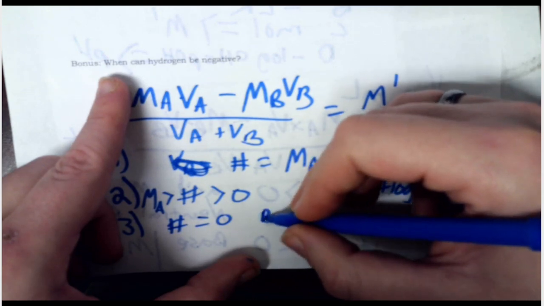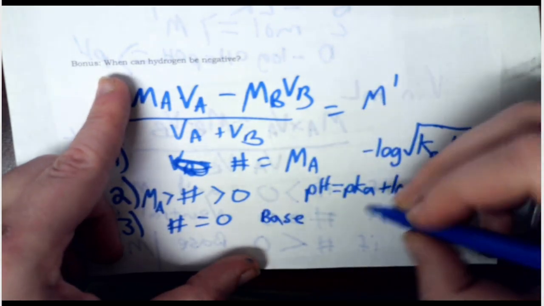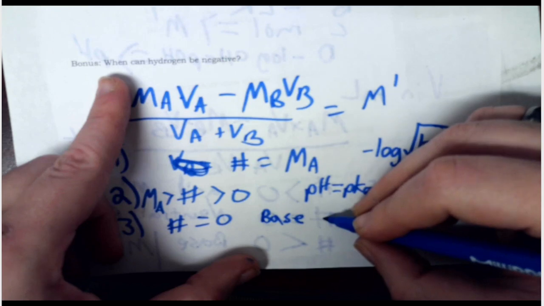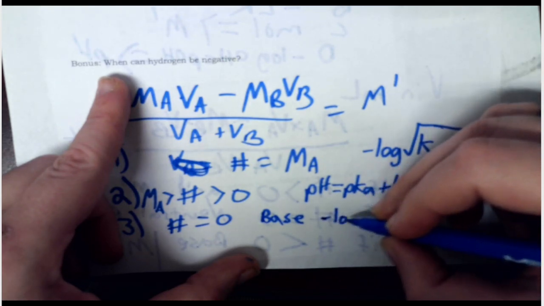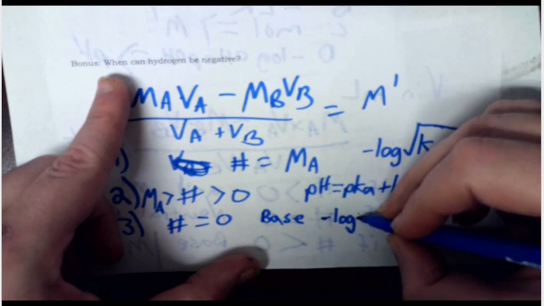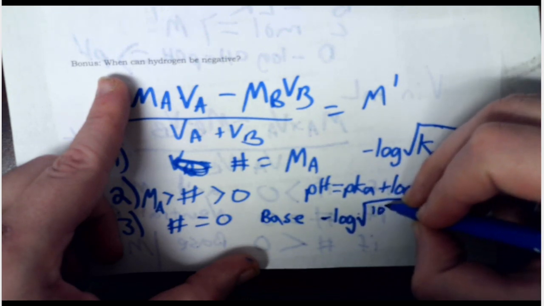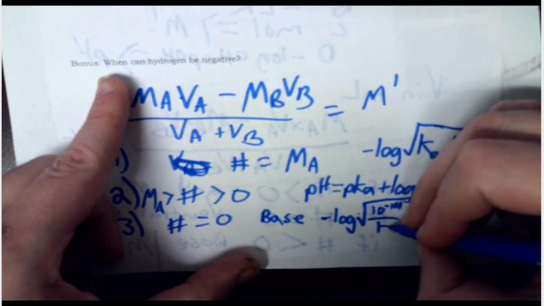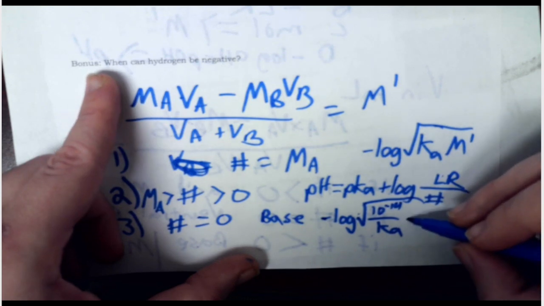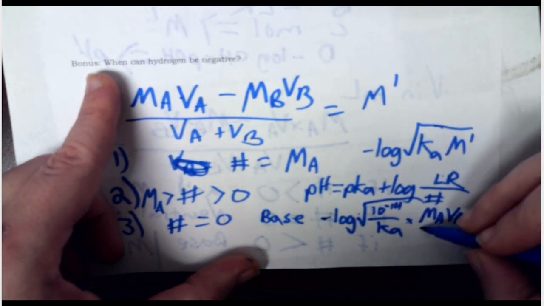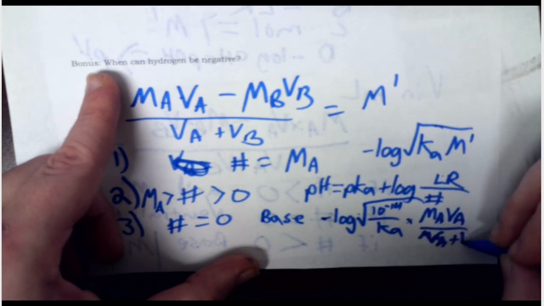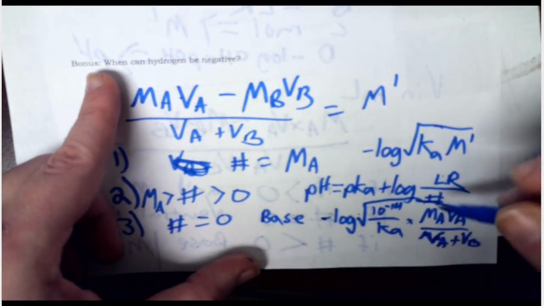It's base now, and we have to say negative log of our 10 to the negative 14th over our Ka times MaVa over Va plus Vb. We have to take that into account.